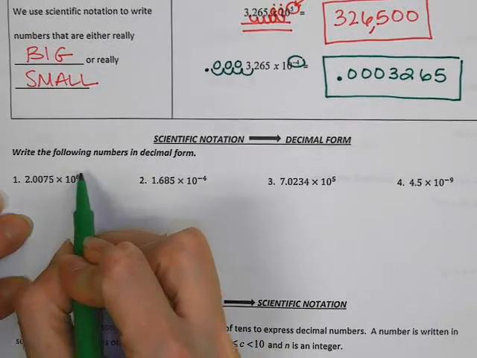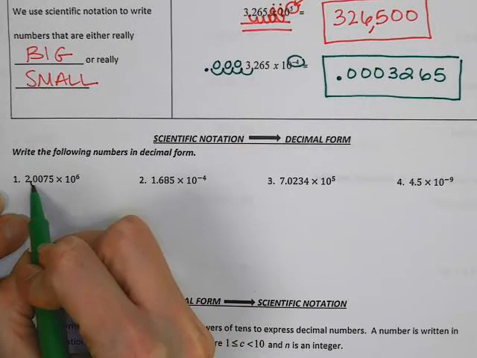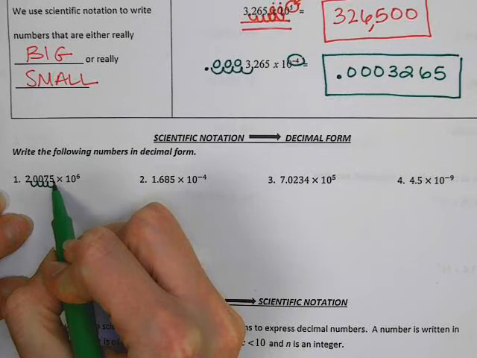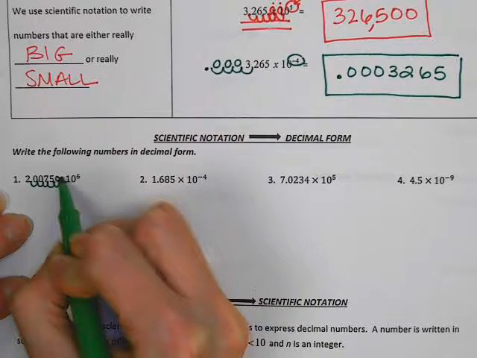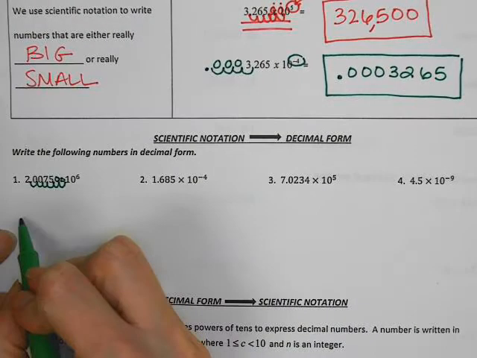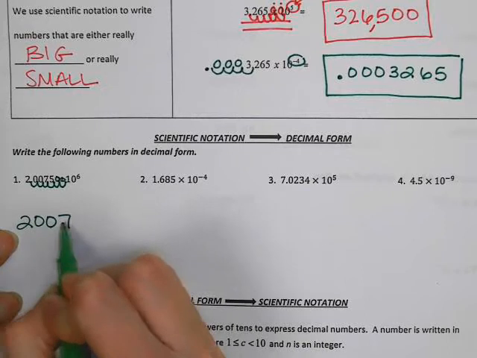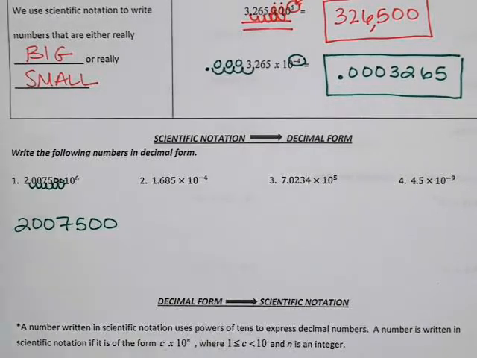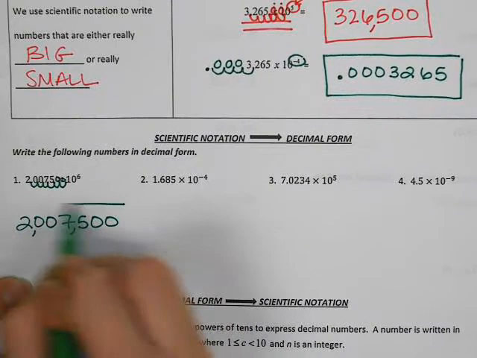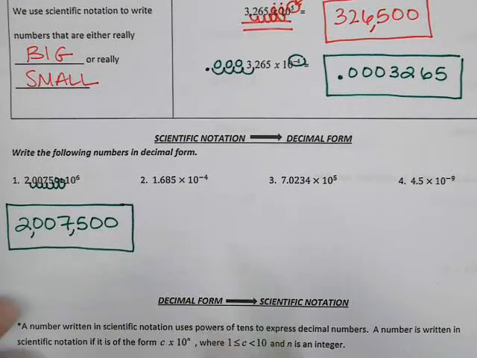Okay, so 6 spots to the right. 1, 2, 3, 4, but then 5 and 6 we have to add zeros. Okay, so now that number is 20075, and we added 2 zeros. And then commas go here and here, so that is the answer to number 1.